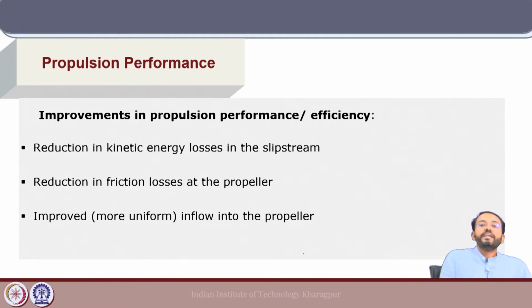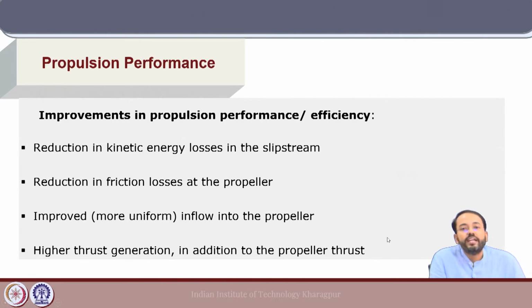By improving the flow which the propeller faces, that means a more uniform flow into the propeller in terms of both radial as well as circumferential distribution, the propeller performance can be improved and the vibration and noise characteristics of the propeller can be improved. Now, this can be achieved by a set of devices which are called energy saving devices, which we will separately study at the end of this course.